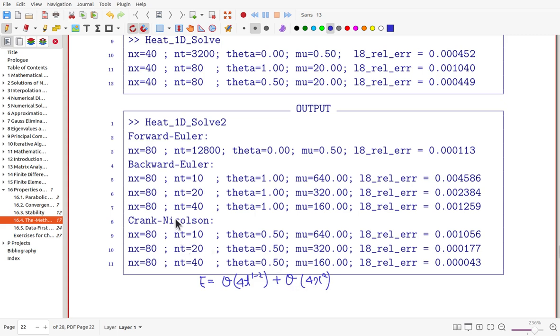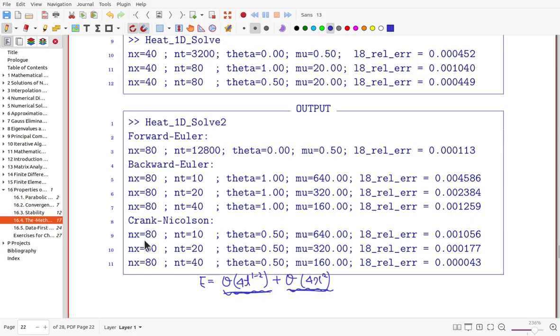Once we choose nx very large, that will be very small. And then we try to check this component, assuming that that's small enough. We can check this error.